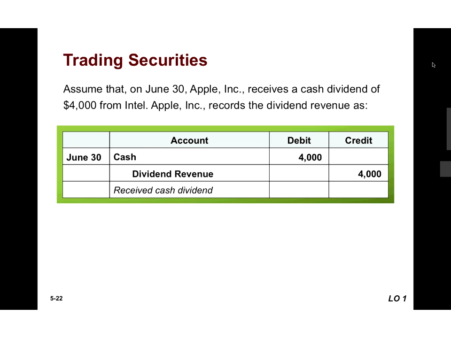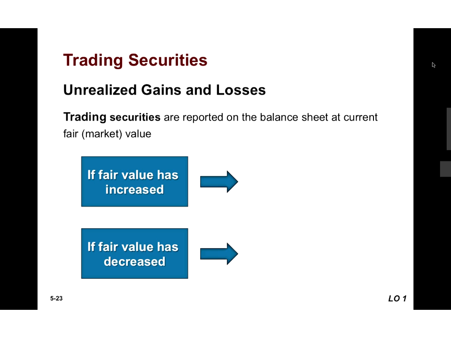So we've got the purchase of the investment and the cash dividend we can get. Now we're getting into another area of terminology, and a very specific word here is the word unrealized.